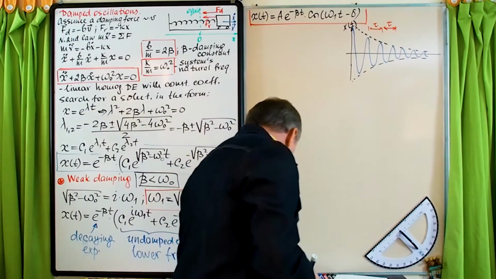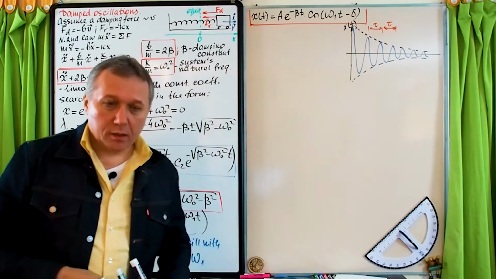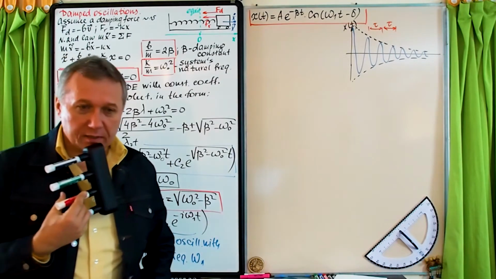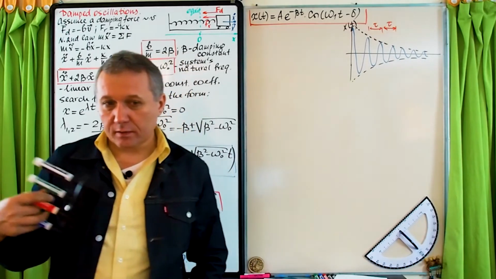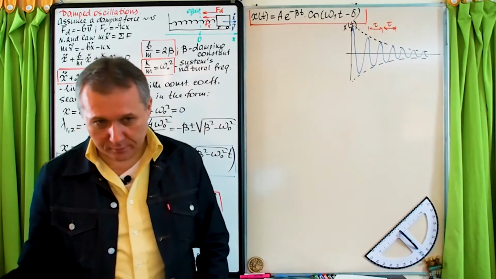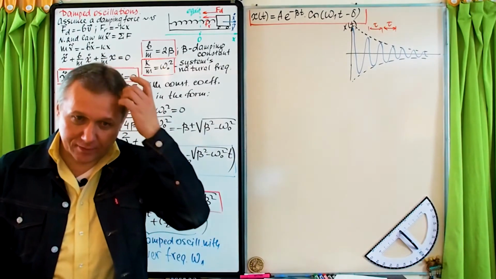What else needs to be mentioned? Which parameter describes the decay rate, how fast the system loses its amplitude, how fast it decays?